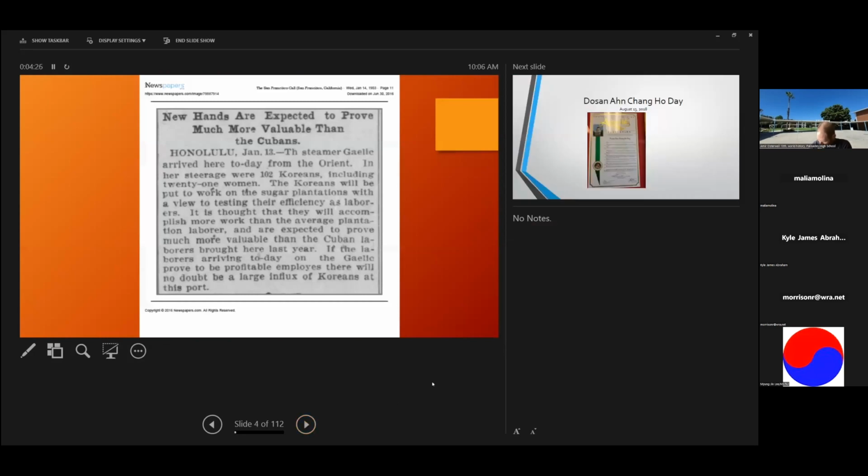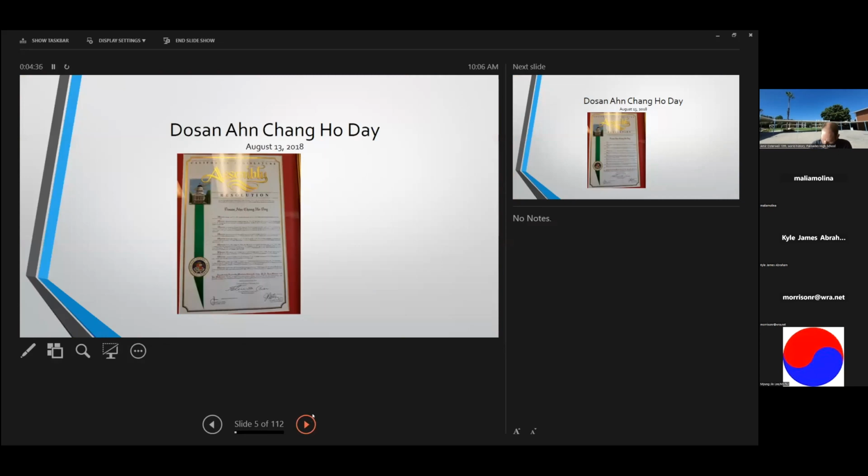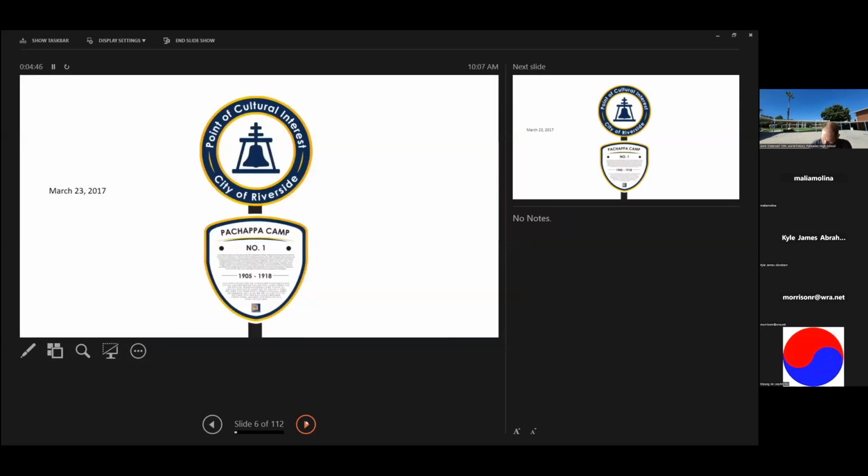This is a newspaper article in Honolulu reporting about the arrival of Korean immigrant workers. The state of California designated Dosan Ahn Chang-ho Day on his birthday, August 13, 2018.